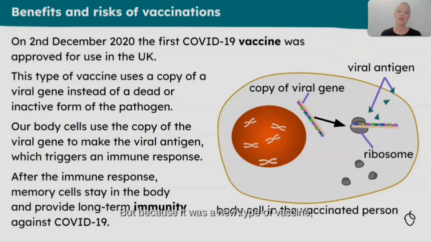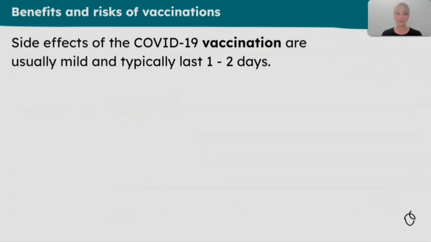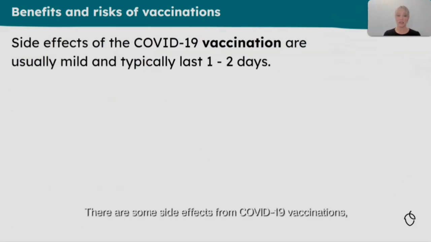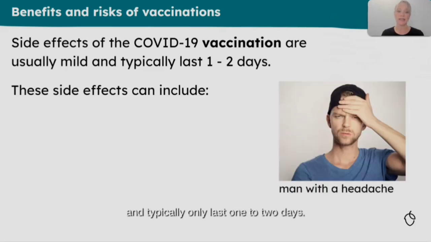But because it was a new type of vaccine, people were a bit more concerned about it than they would have been normally. There are some side effects from COVID-19 vaccinations, but they're usually very mild and typically only last 1 to 2 days.